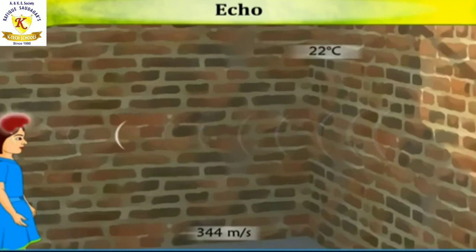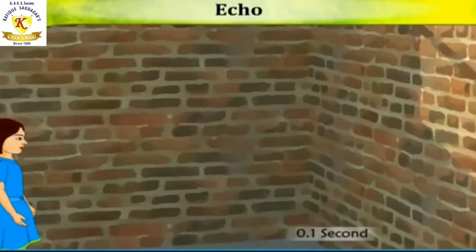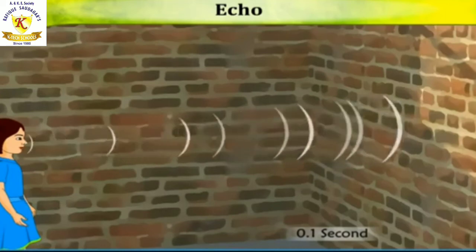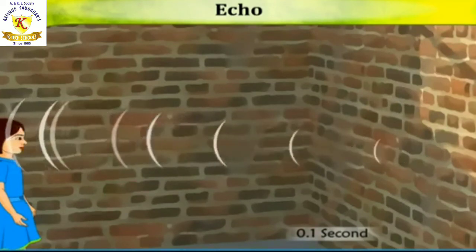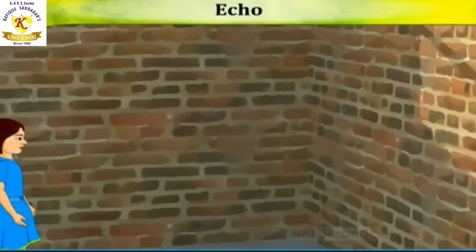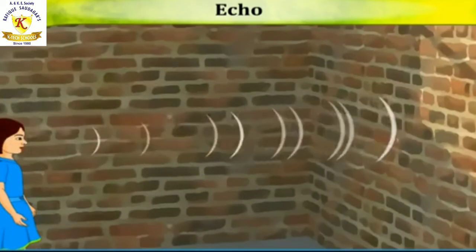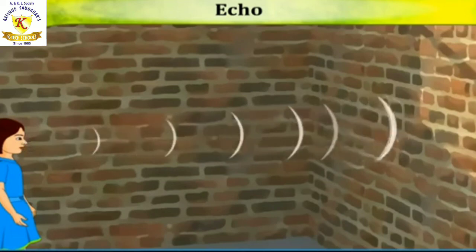Our brain retains the sound for 0.1 second. Thus, for us to be able to hear a distinct echo, the sound should take more than 0.1 seconds after starting from the source to get reflected and come back to us. Are you getting me, children?